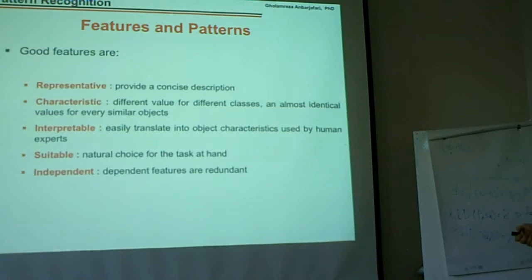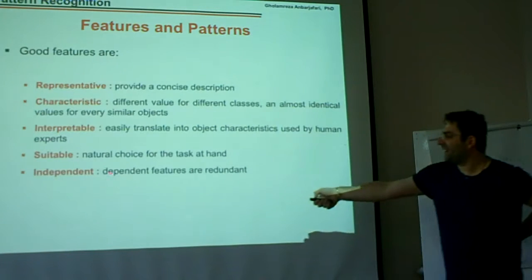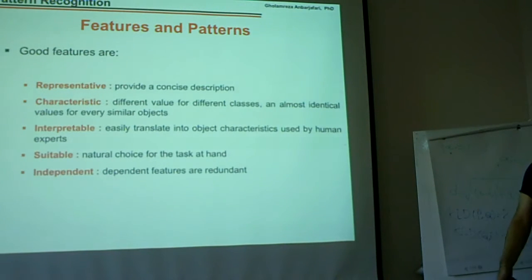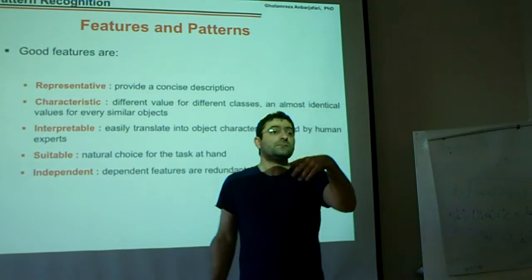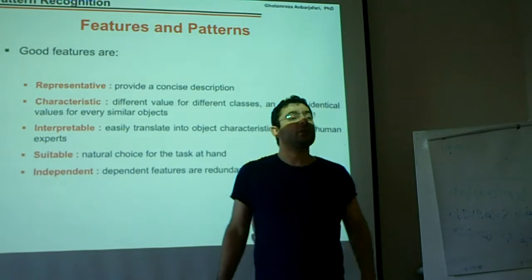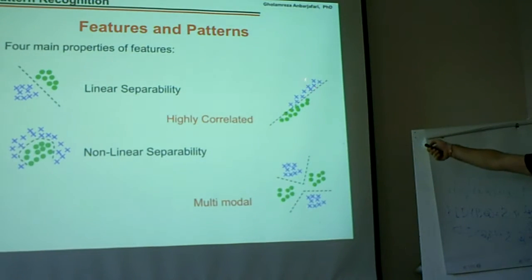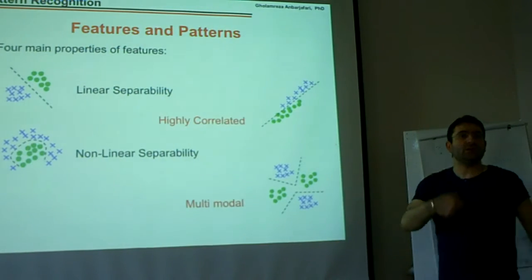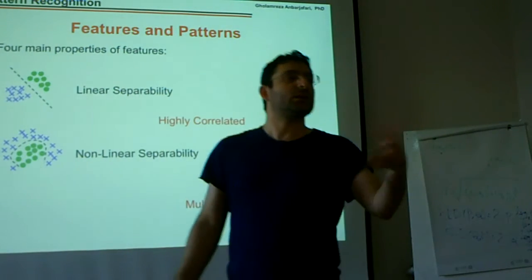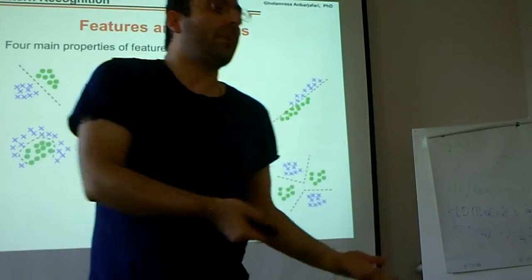They have to be suitable, they have to be independent. Why independent? Why are dependent features redundant? Because they are not independent when they affect each other. If they are very dependent like this, if I have the x, I already know the nature of the circle. So introducing it will not introduce something novel, because I already know about it.